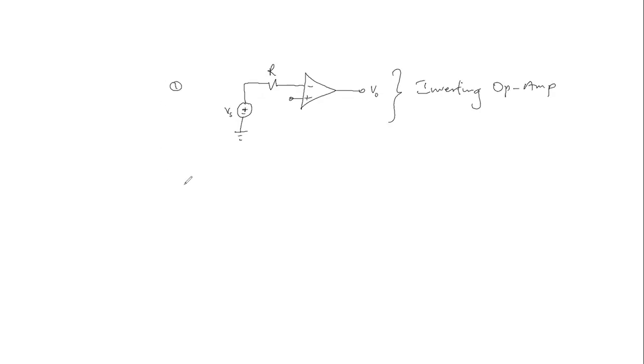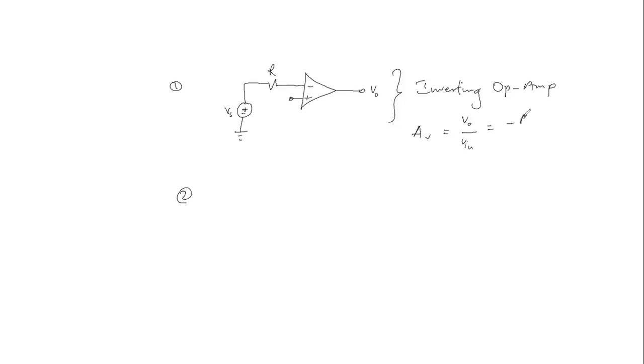And the second configuration we talked about, and just to re-emphasize, we were able to figure out the closed loop voltage gain, which is the ratio of the output to the input voltage.